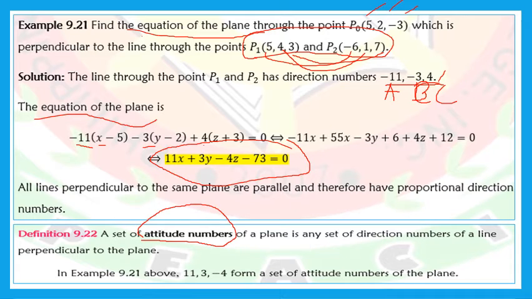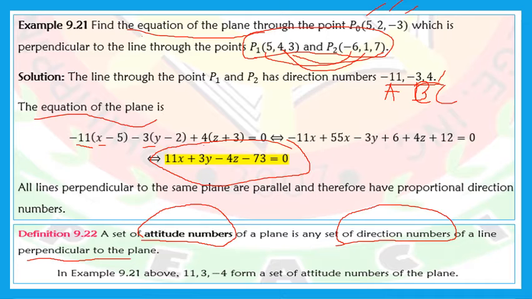Yung set of attitude numbers na yan, class, is any set of direction numbers of a line perpendicular to the plane. So, in example above, etong sa 9.21, 11, 3, and negative 4 form a set of attitude numbers of the plane.